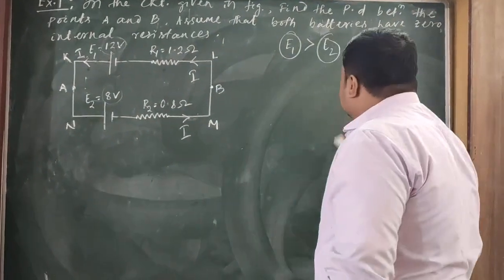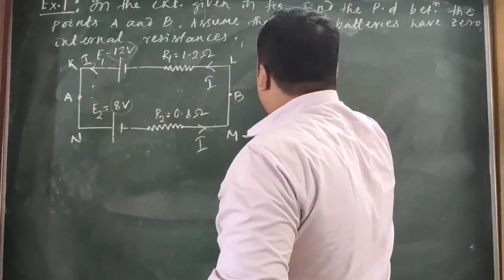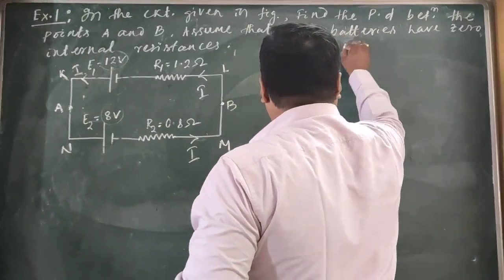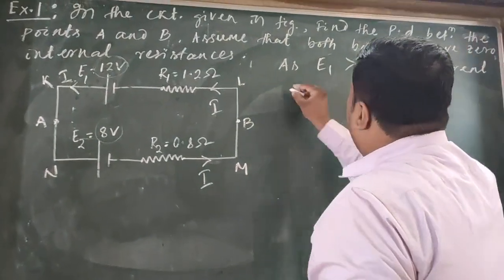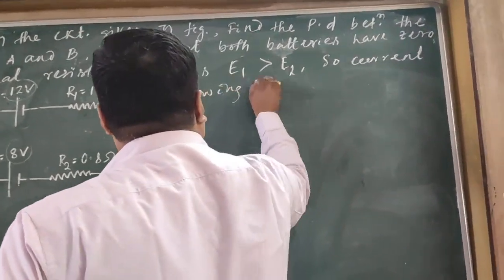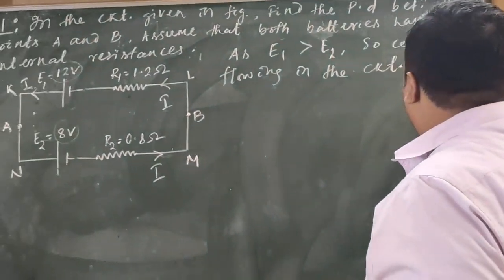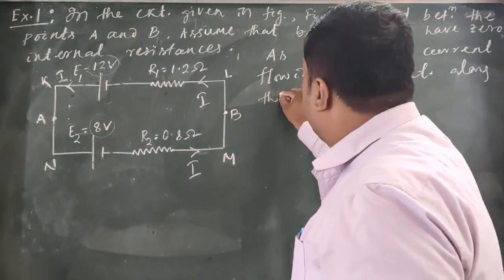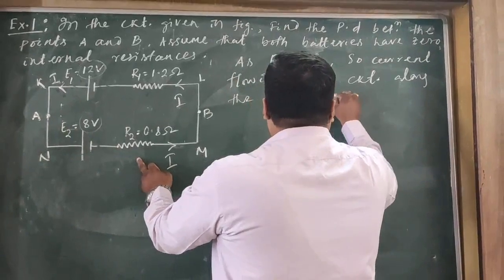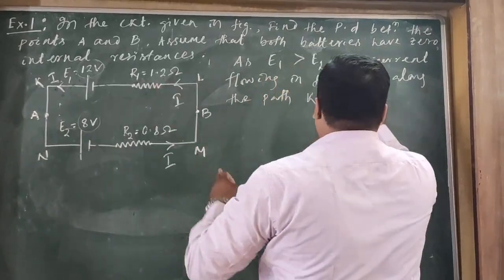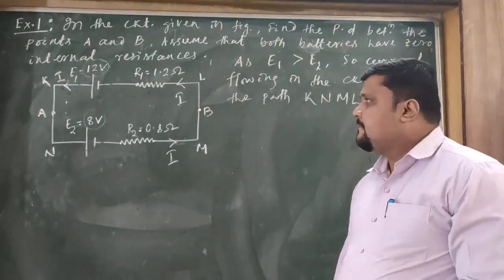So here now you see. In this case, what have I written here? As E1 is greater than E2, the current flows in the circuit along the path K, L, M, N, K. Here I cannot close.